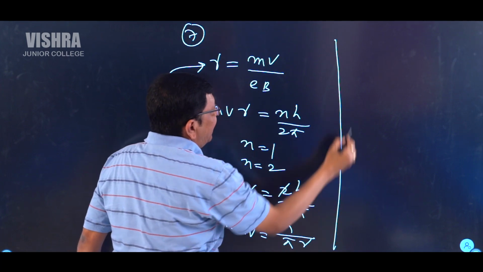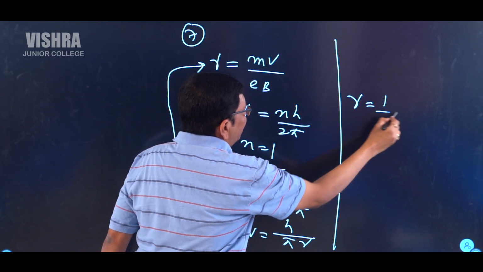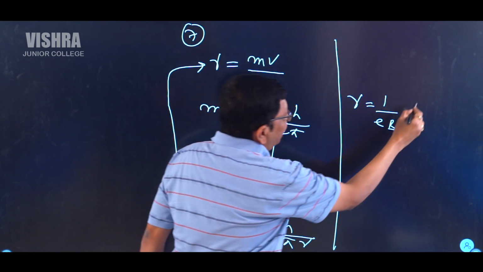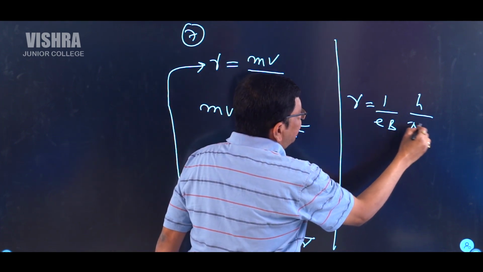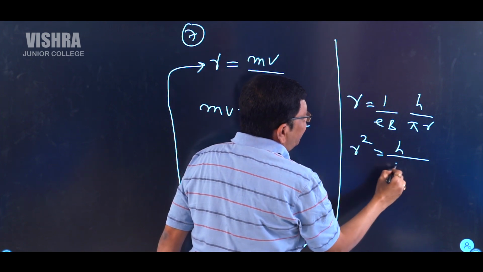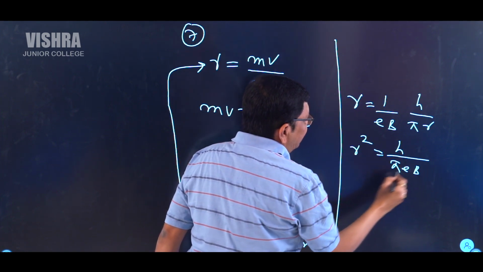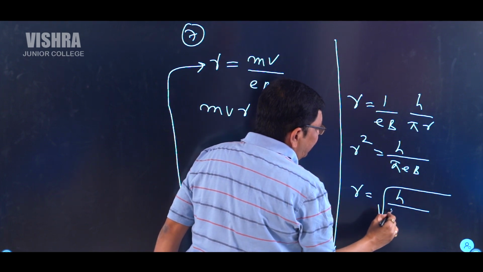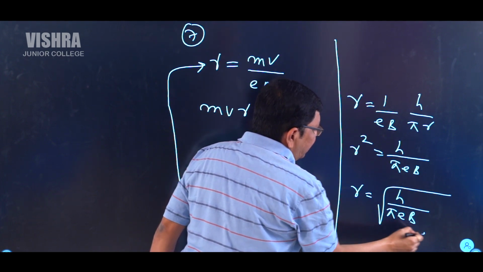So radius r is equal to 1 by eB multiplied by mv, which is h by pi r. Shifting r to the left hand side, r square is h by pi eB. Then the radius will be the square root of h by pi eB. So this will be the answer.